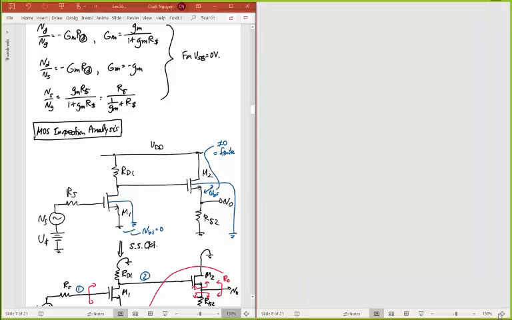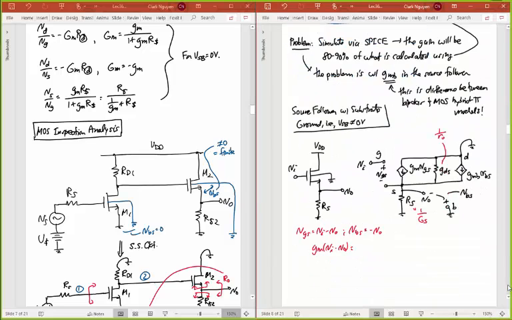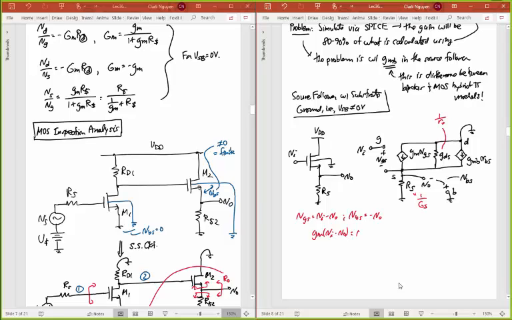So I can end up saying that this is going to be equal to vo times (GDS plus capital GS plus that gmb on that side). So in the end, I have an expression for my gain, which is vo over vi, which is just going to be gm over that same gm plus gmb plus GDS plus GS. Okay, that ends up being my gain equation there.